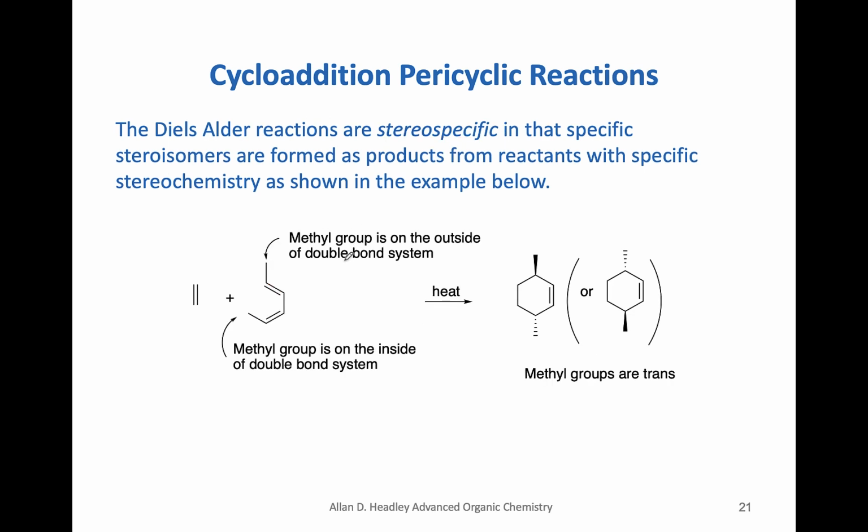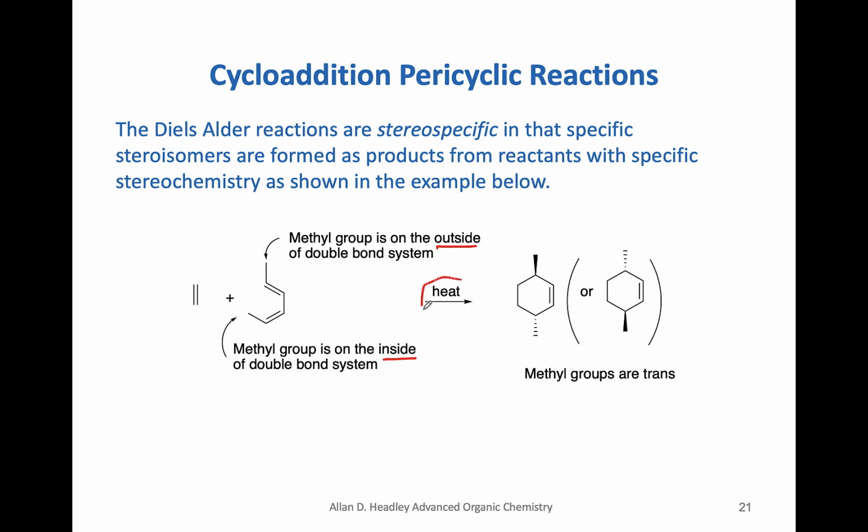Let's look at the opposite. Now in the diene, the one methyl group is on the outside, so to speak, of the conjugated system, and the other group is on the inside. So they will be on different sides of the conjugated system.